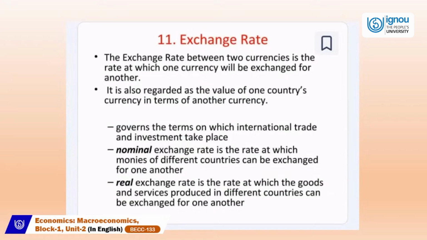87.56, and when we talk about the Indian rupee, that is 1 rupee, it means 1 rupee is equal to 87.56 dollar. That is called an exchange rate.